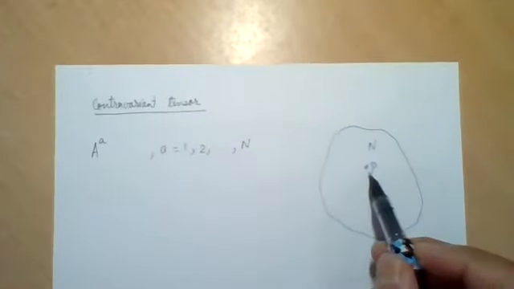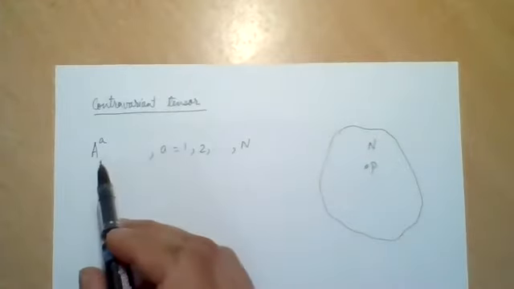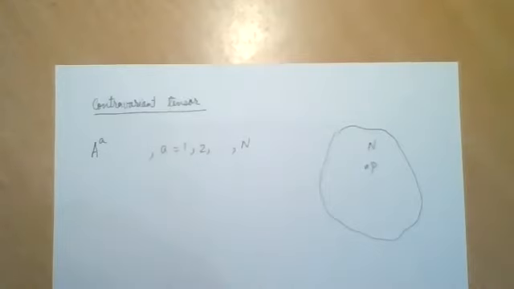So on the manifold at the point P, I have an object, and this object has n number of components, and the n number of components are given by capital A superscript a.